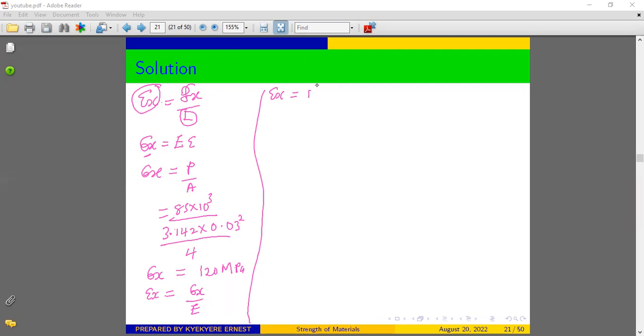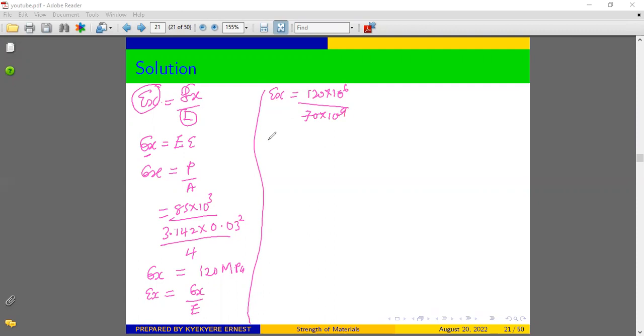We have calculated that. Therefore, we are going to get 120 times 10 to the power 6 over the modulus of elasticity, which we were given in the question as 70 gigapascal. So 70 times 10 to the power 9.